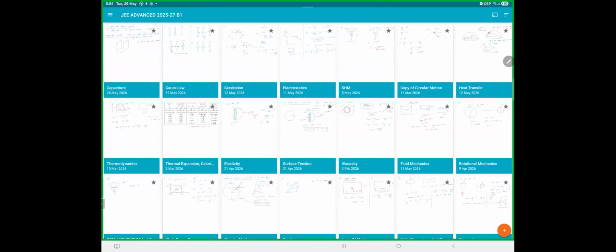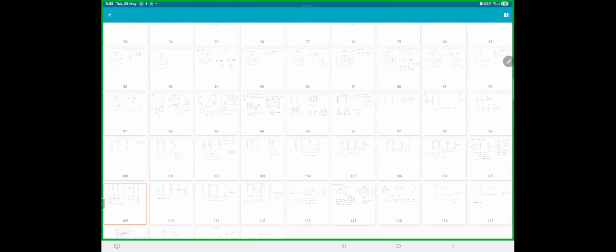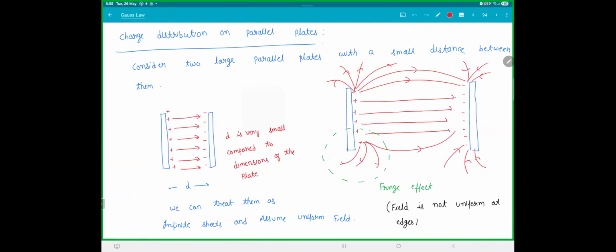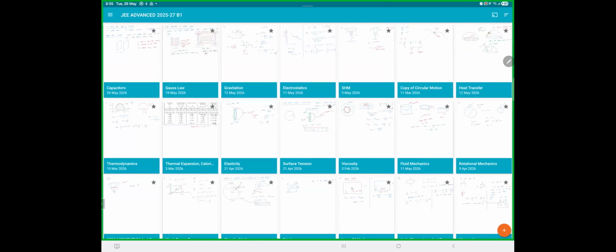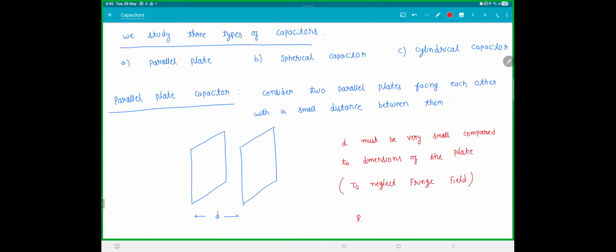In case you don't remember this, we did this in Gauss law, page 94. Great.